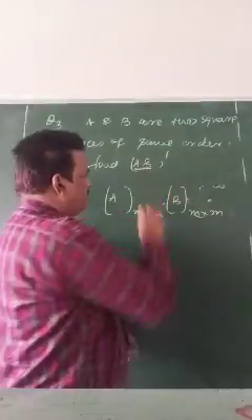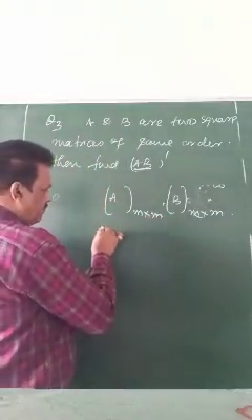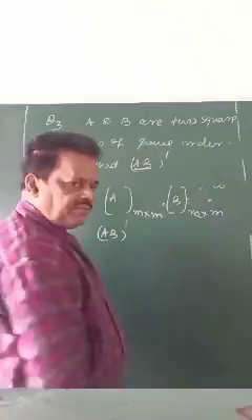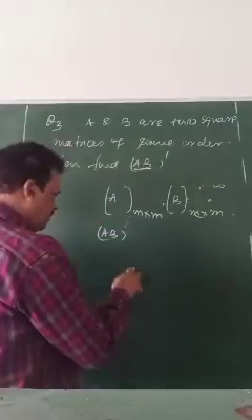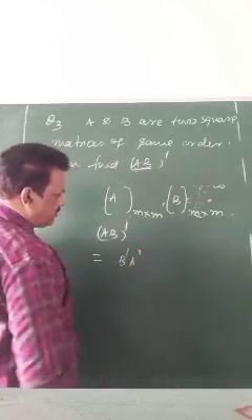When the product is defined, what will be the transpose? What will be AB then? AB is defined. So when AB is defined, the AB transpose will be B transpose A transpose.